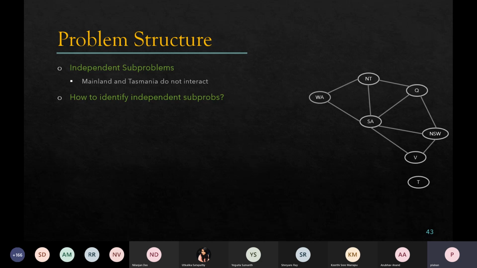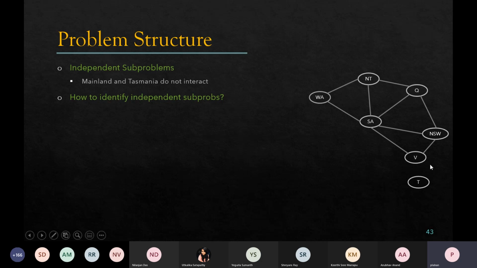But the question that is relevant at this point is how to identify independent subproblems. We have a constraint graph and we have to find independent subproblems. So basically we can try to see what the connected components in the graph are. What do we mean by connected components?